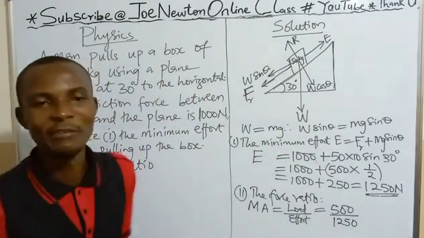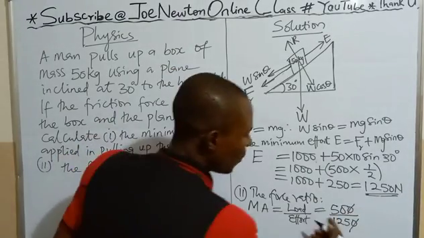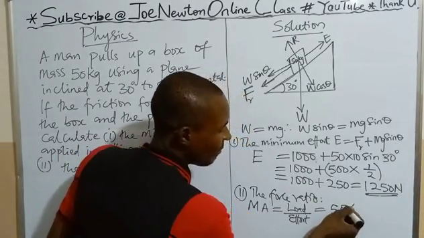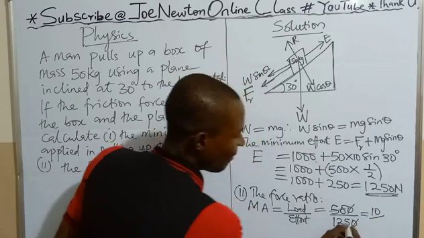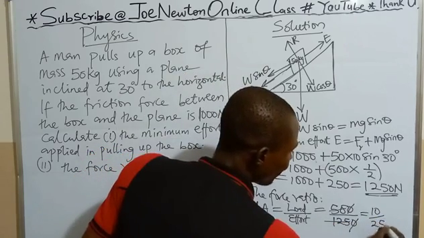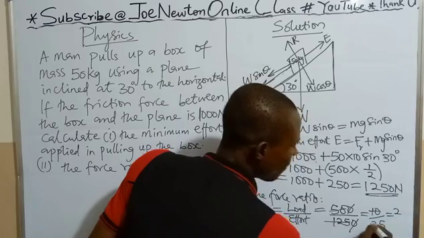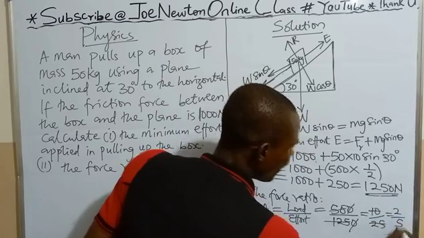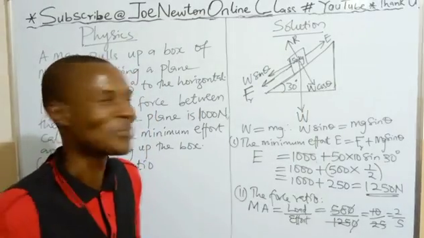So we divide. 0 cancels 0 here. Then 5 into 10 gives us 2, and 5 into 25 gives us 5. Then 2 over 5 simply implies 0.4.